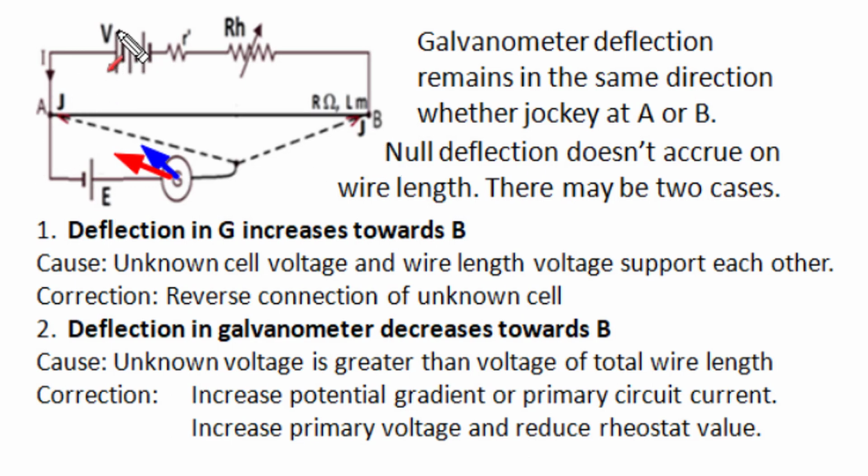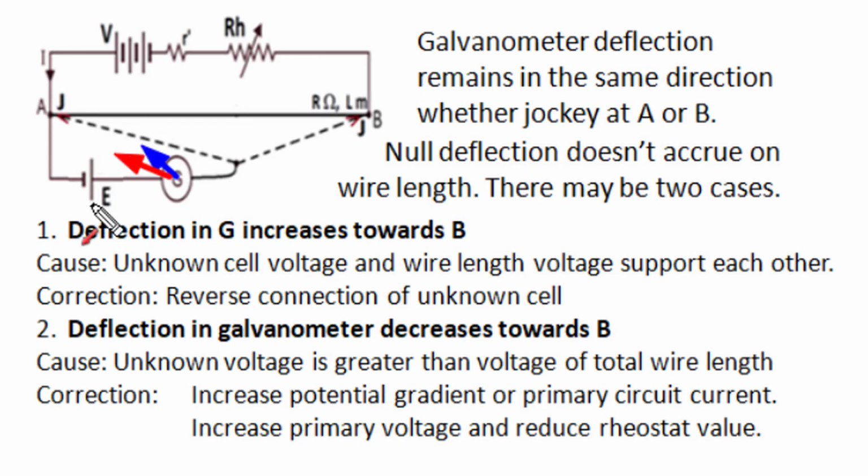The high potential end of the source voltage is connected to A, so A is the high potential terminal, and we have to connect the measured voltage in such a way that its high potential terminal connects to the high potential terminal A of the potentiometer wire.